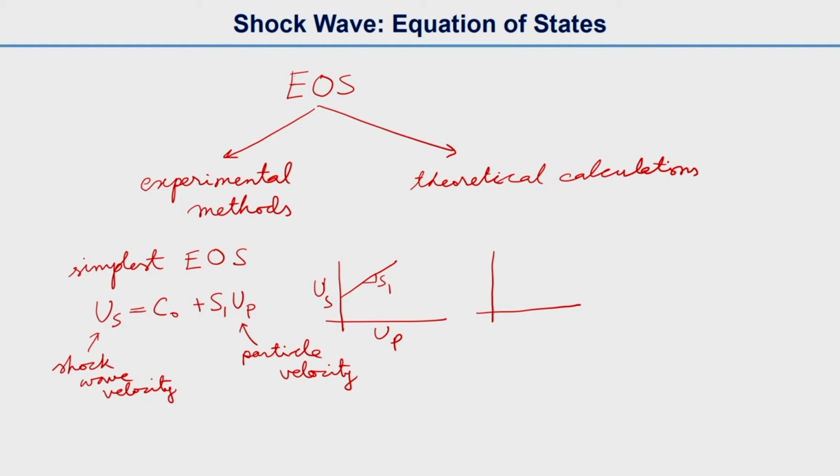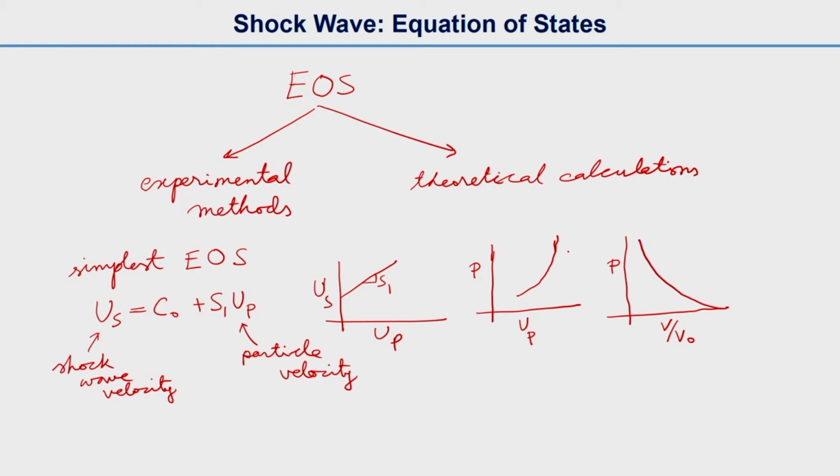We had pressure versus particle velocity, which we found plotted like this for some material, and then another one, pressure versus specific volume, for which we have drawn curves like this.